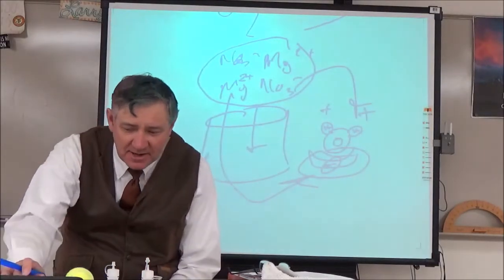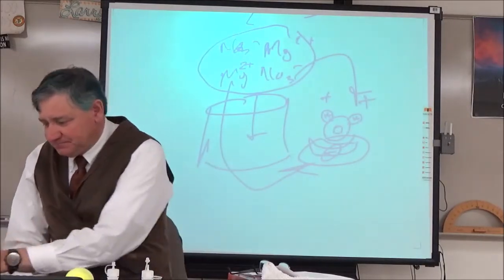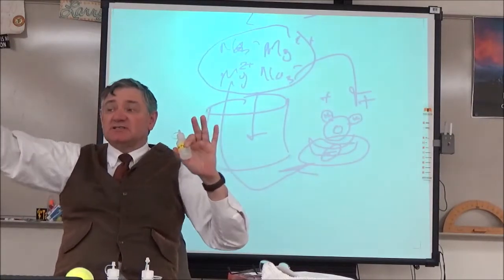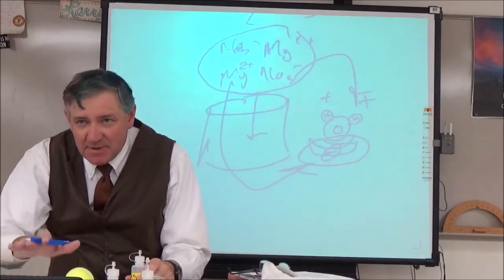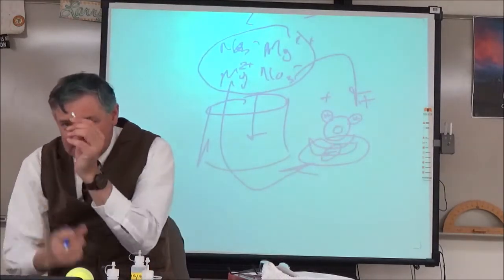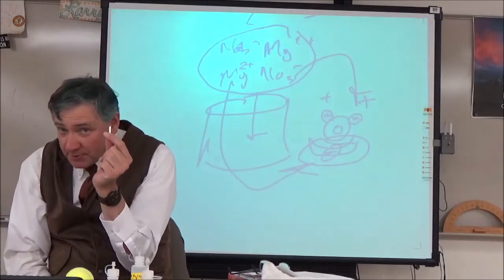So in this magnesium nitrate solution, visualize this. The magnesium ions are existing, and listen to me, as magnesium ions. If it existed as magnesium itself, it would look like this, and it would be a silver chunk, okay?